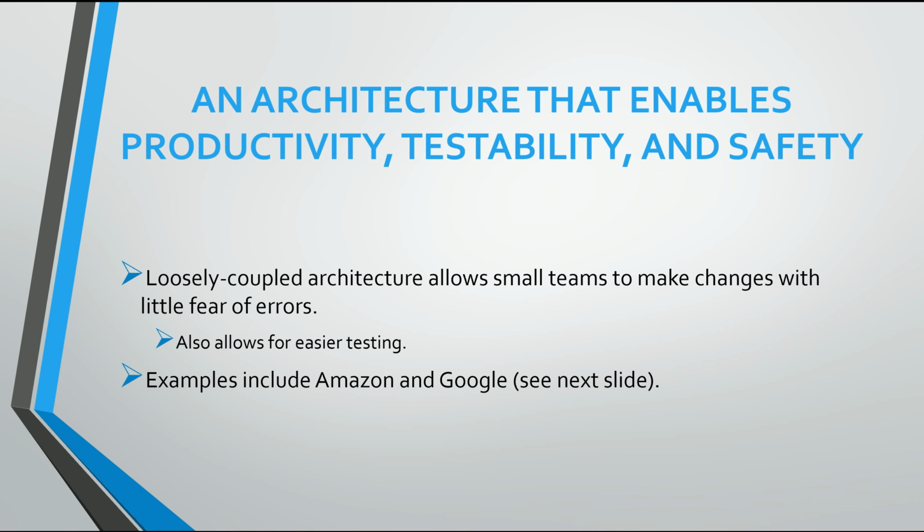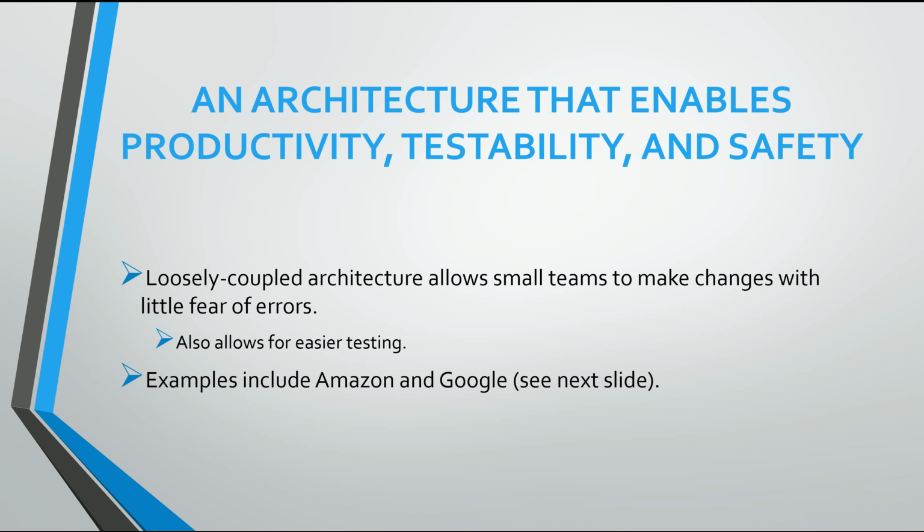Alright, so what a loosely coupled architecture allows is basically small teams to make changes with little fear of errors. And this is important because sometimes there are a lot of teams working on separate things, and with keeping that two-pizza-size team limit, you want to make that small team as productive as possible.